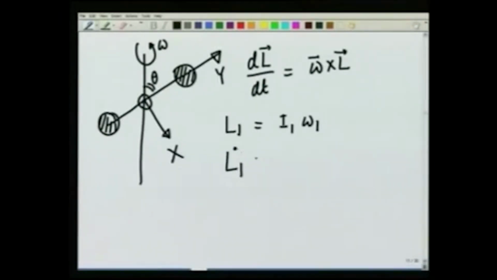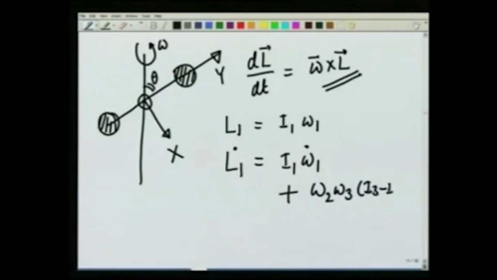dot is equal to I1 omega 1 dot. In addition, there is a change in the component of angular momentum in direction 1 because of this rotation, which we earlier wrote as omega 2 omega 3 (I3 minus I2).